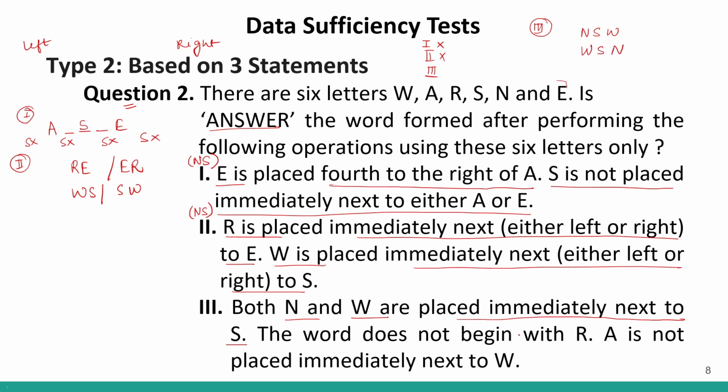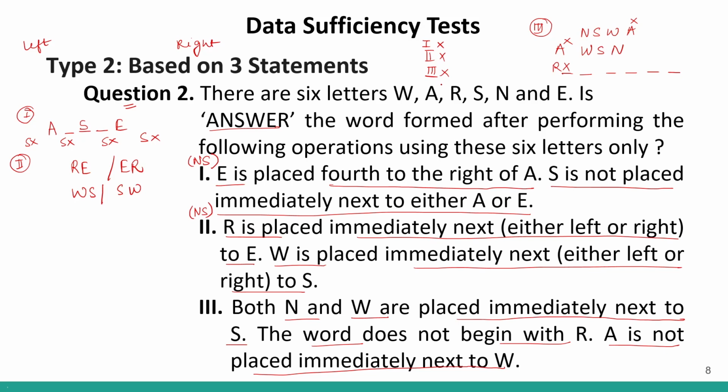We know that the word does not begin with R. So if we have 6 letters over here, 1, 2, 3, 4, 5, 6, we know that R will not come over here. Okay, the word does not begin with R. A is not placed immediately next to W. So next to W, we will not have A in either of the cases. This much information is given in the third statement. Is this much information sufficient to find the answer?